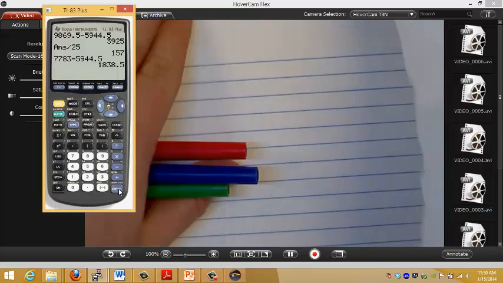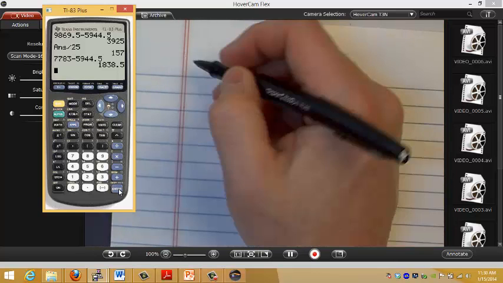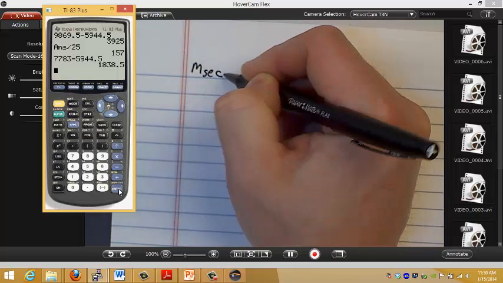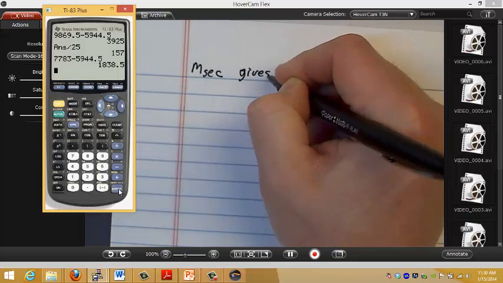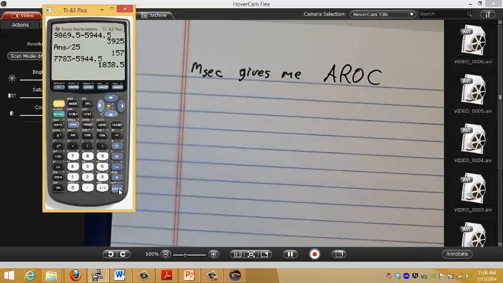Let me write that down again. Slope of the secant line gives me AROC, average rate of change. If you learn that fact, then you're getting ready for next week's lesson.